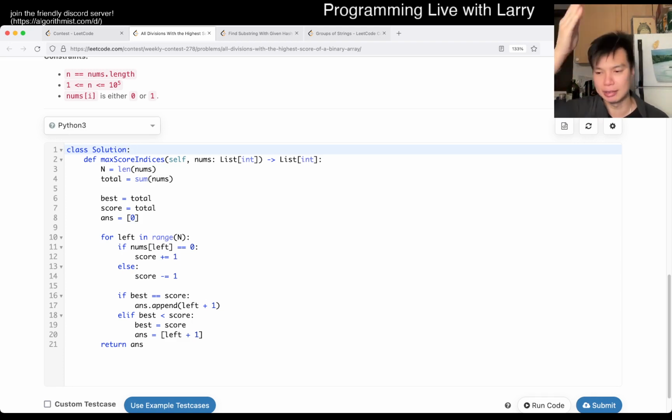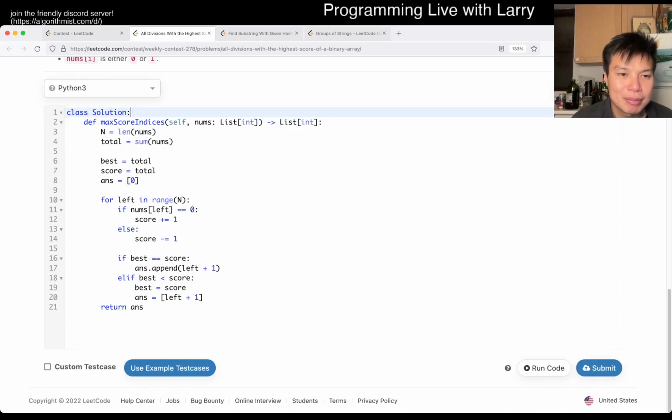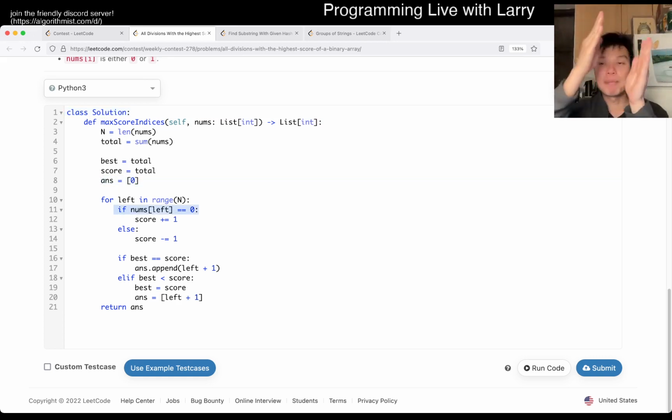The division you start at before index 0, and then you put the possible answer, and then when you see a 0, you process moving that divider from left to right. When that divider moves from left to right and the number that you pass is 0, then your score goes up by 1, because you added a 0 to the left side and you removed a 0 from the right side, which doesn't matter.